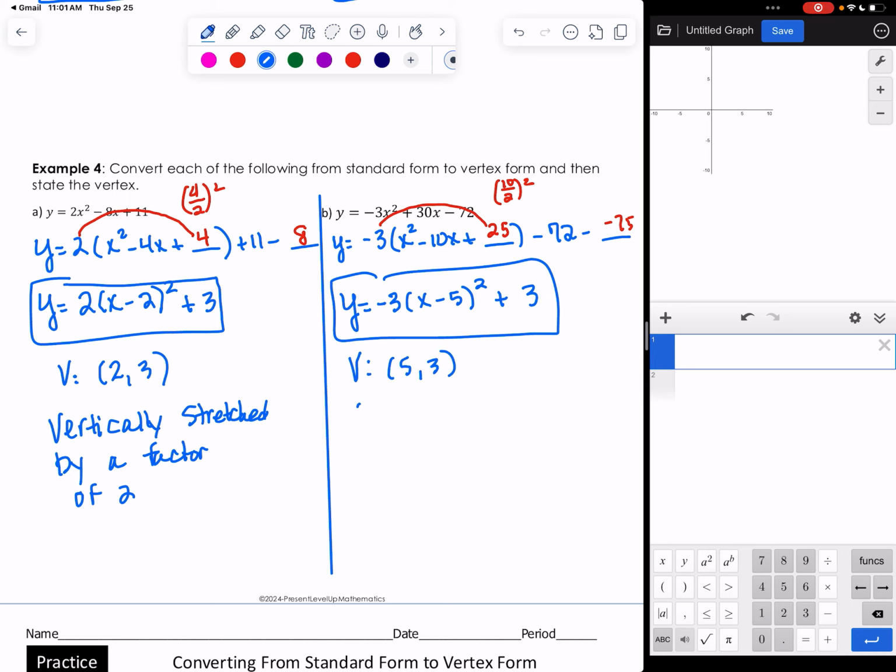I know this parabola would open down, and it would be vertically stretched by a factor of 3. And that concludes today's lesson, converting from standard form to vertex form.